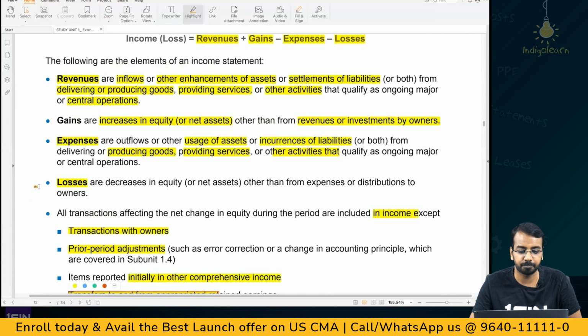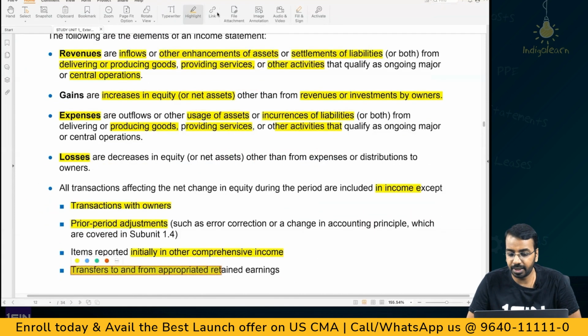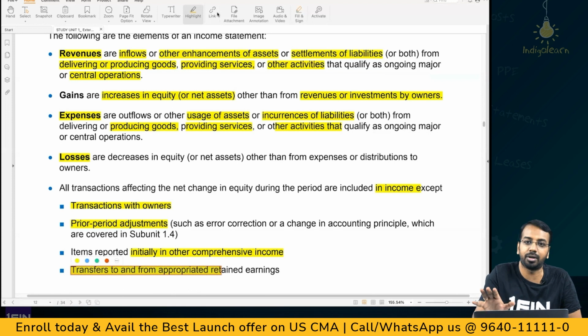Any questions so far? If long-term debt is defaulted and converted to short-term, but then the company declares bankruptcy, what accounting? See, once the bankruptcy is declared, there is a specific way in which accounts are prepared as per the respective regulations. For example, in India, you will prepare a liquidator's statement.